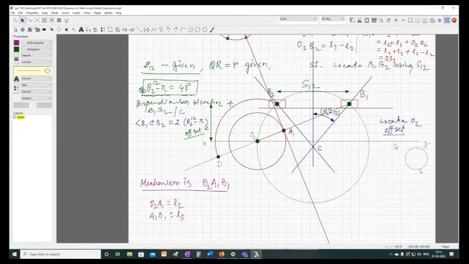So this is the solution to your slider crank mechanism. Can you see it? Sir, we also have to do it like this in the exam? Yes, you have to draw.